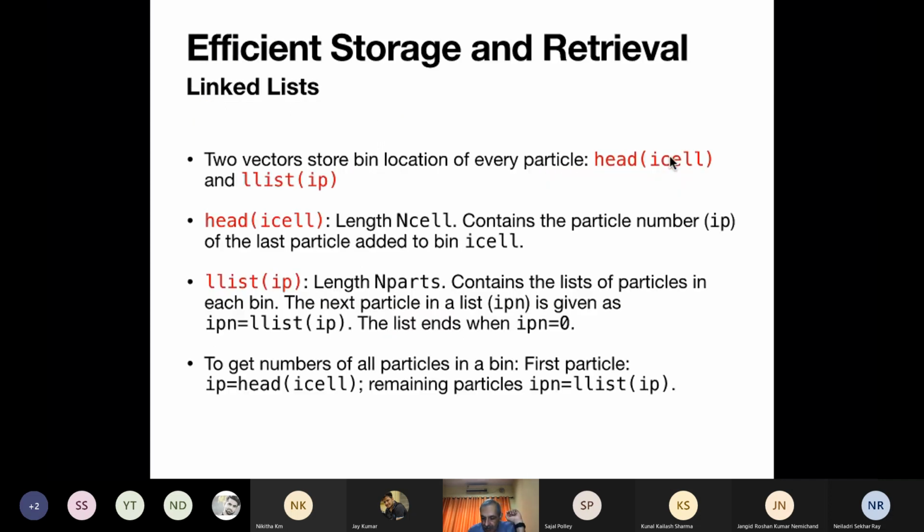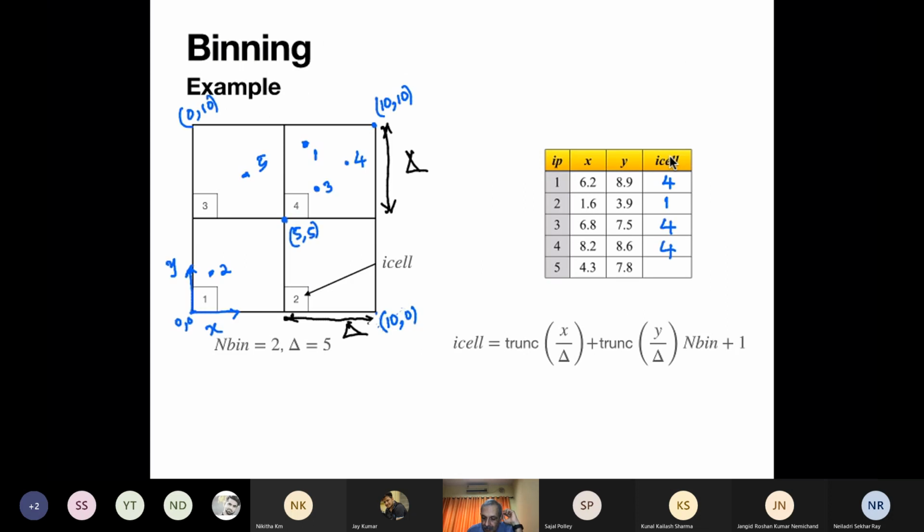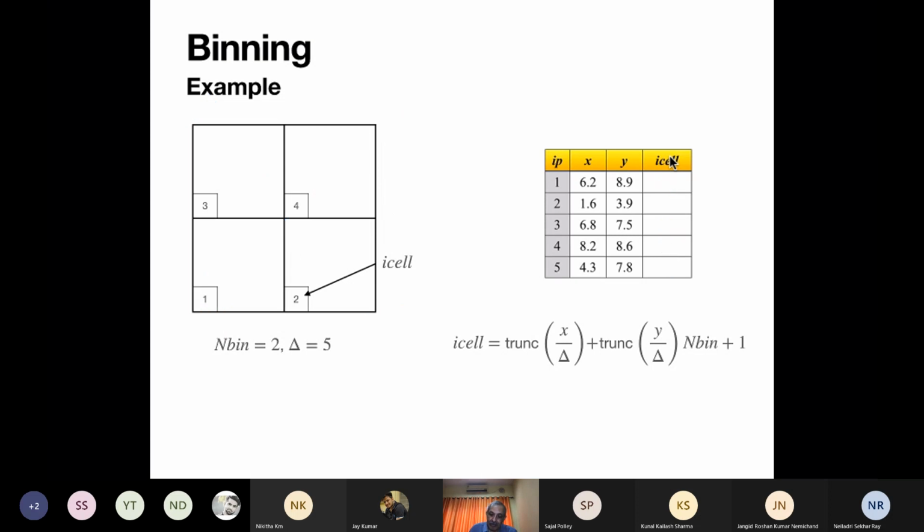If you do the calculation, 4.3 divided by 5 is less than 1, so this is 0. 7.8 divided by delta is 1 after truncation, times 2 is 2, plus 1, 3. So this will give you 3. So if you're given xy coordinates, it's very easy to find out which bin the particles are going to be in.